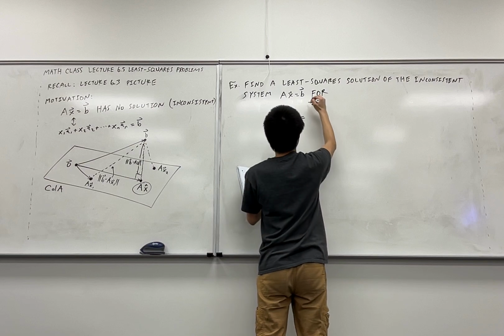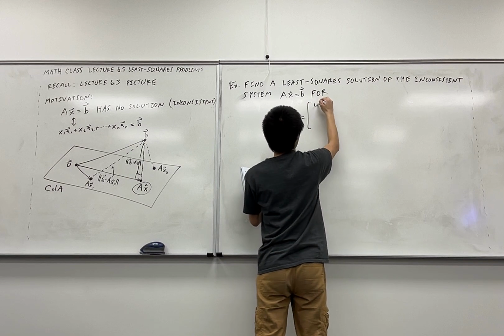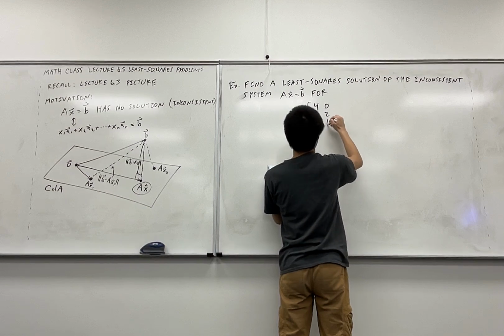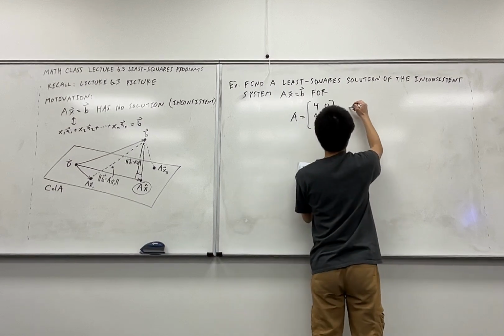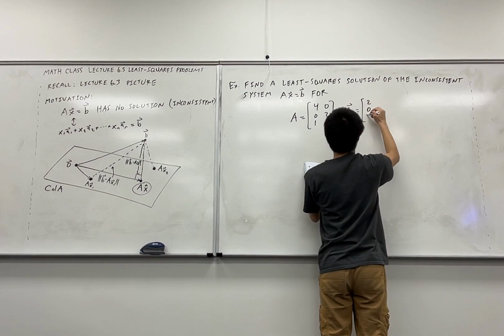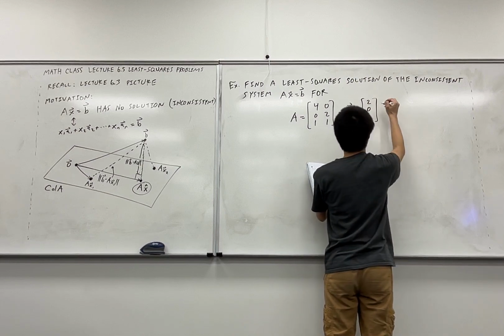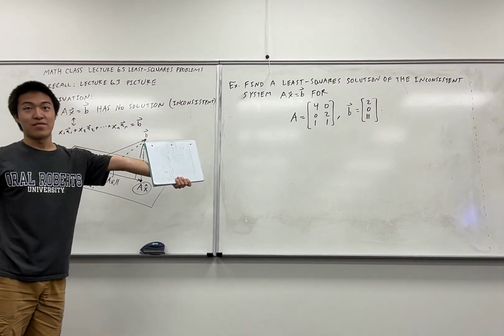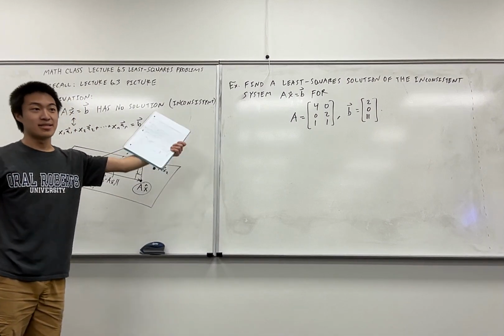A is equal to [4 0 1; 0 2 1], and b is equal to [2 0 11]. That, my friends, is an inconsistent system.